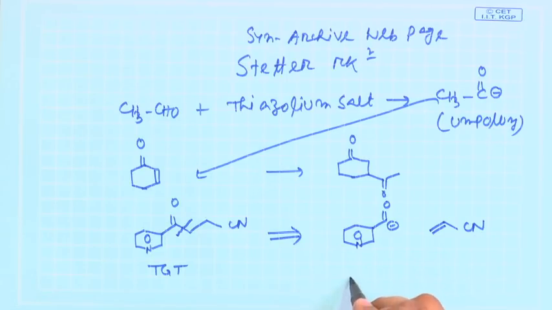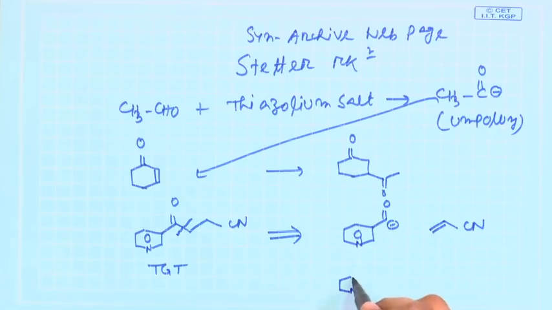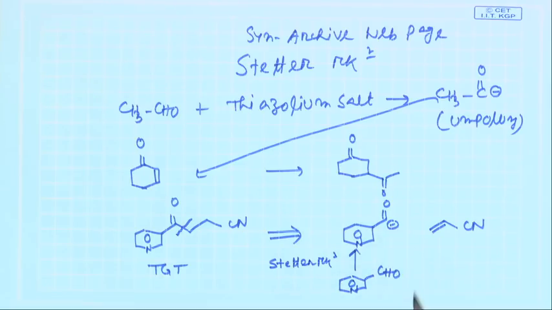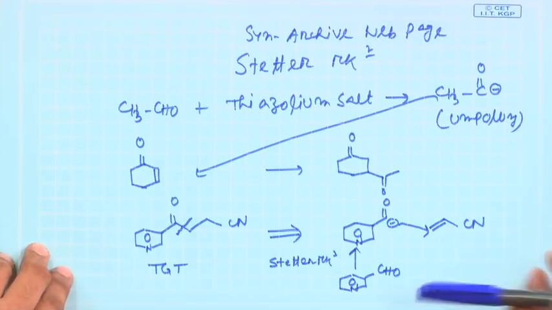So, you start with 3-pyridine carboxaldehyde as the parent aldehyde exposed to thiazolium chloride or the Stetter reaction condition. This reaction condition will make sure this species is generated, and then it attacks in Michael fashion, and then basically you will get the target molecule.